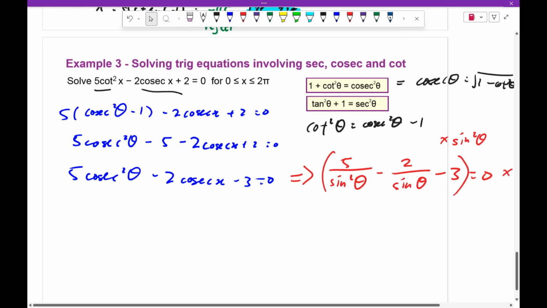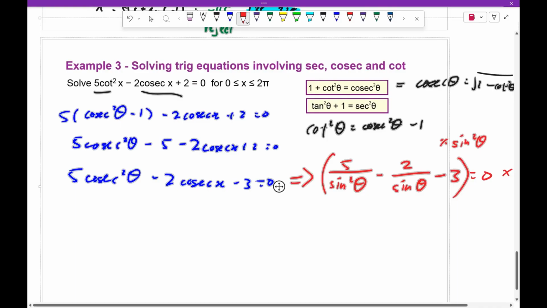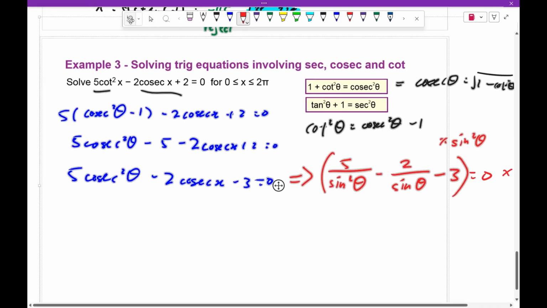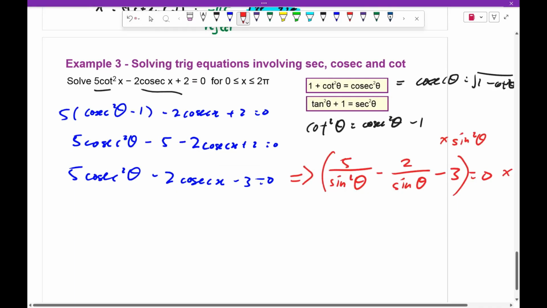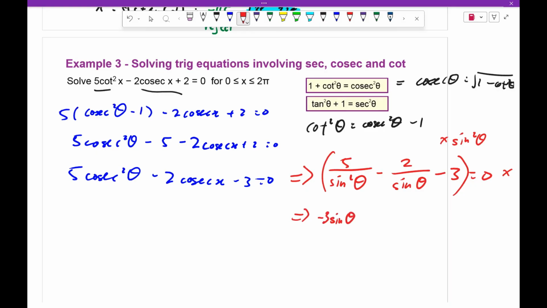So that results in negative 3 sine square, negative 2 sine, plus 5 equals 0.